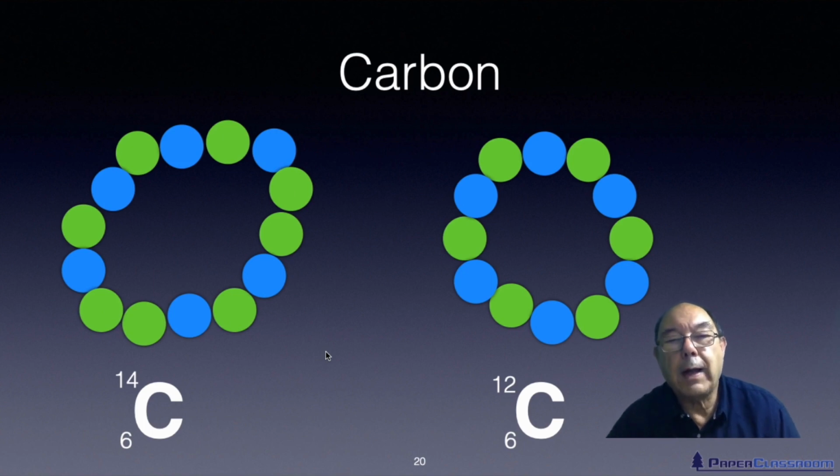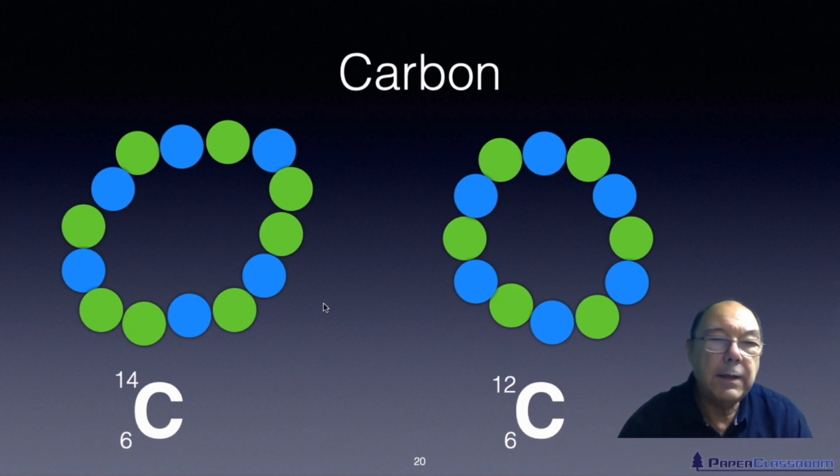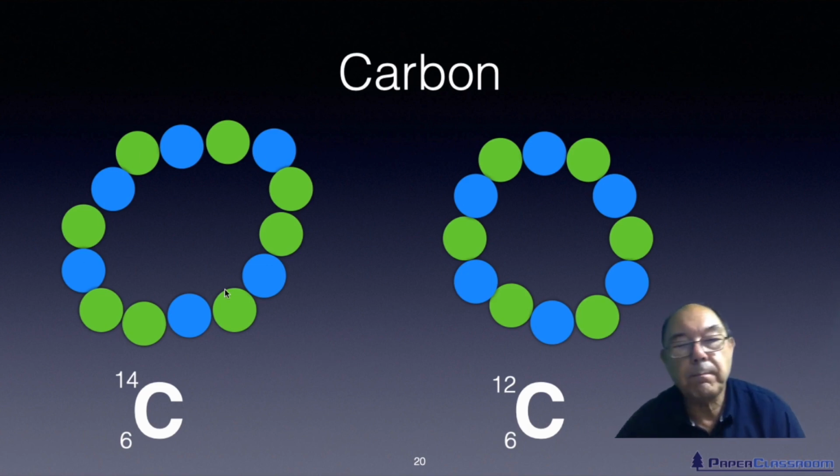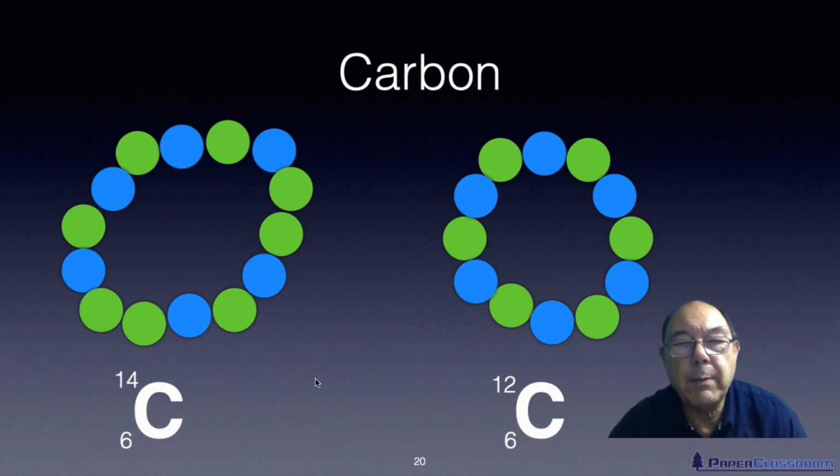So this is the shorthand that we use to describe these different atoms. And when you get the same chemical with different neutrons, we call them isotopes. And the only real difference is the density of the material. These materials are more dense. Now, nature doesn't like to have too many protons, so ultimately it will fire out these protons, and this is the basis of one type of radioactivity.